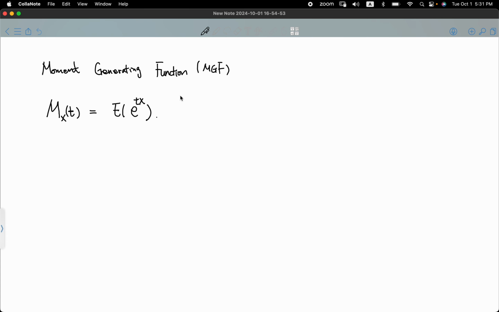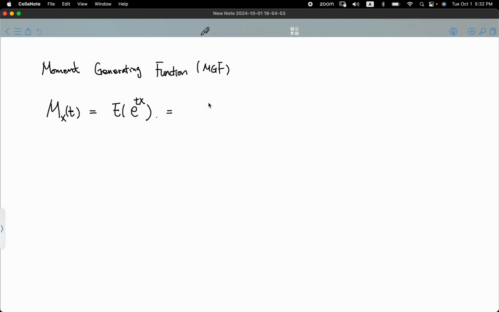Okay, so the moment-generating function can be expressed as an expectation, and then we can reuse our definition for the expectation from last lecture to further elaborate this moment-generating function.